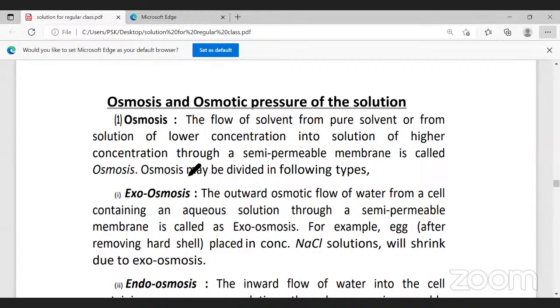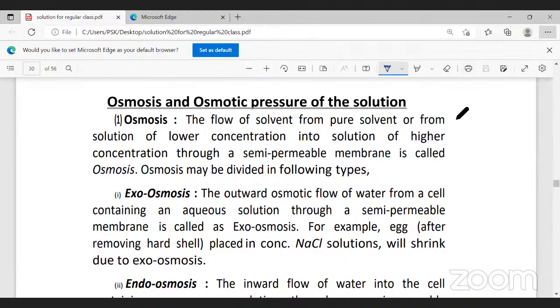Now, what is osmosis? I explained it using a thistle funnel. We will explain it in a different format today. Now we will take a container like this, and this is partitioned by a semi-permeable membrane. I told you what a semi-permeable membrane is. A membrane which allows only the solvent particles to move is called as what? Semi-permeable membrane. Now here we have a solution.